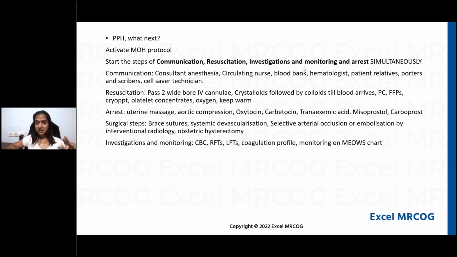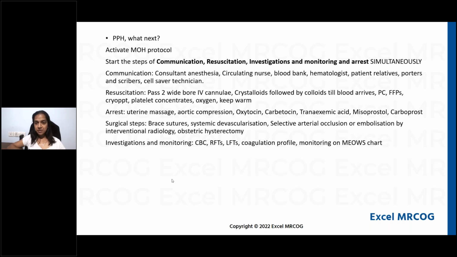Tranexamic acid, misoprostol, carboprost. Ergometrine would not be mentioned here because she's hypertensive. But remember, if there is atony which does not respond, then you may still have to use it, but it is better to avoid saying ergometrine for hypertensive patients.